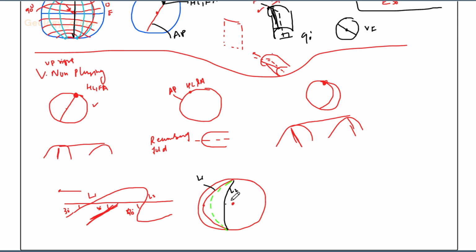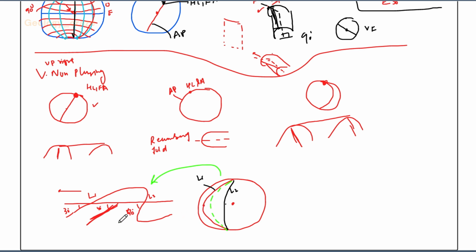From these two curves, one is near to our great circle having less angle, and one is near to our center having more angle. That is the pole. So in this way we can do both things. They will give this picture and ask us what kind of fold it is.